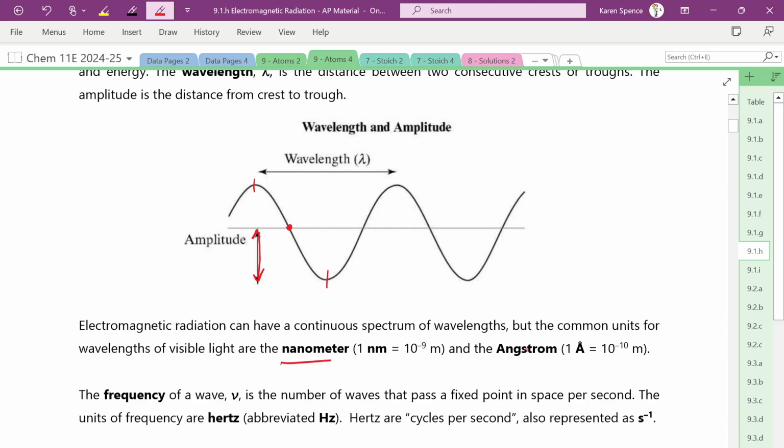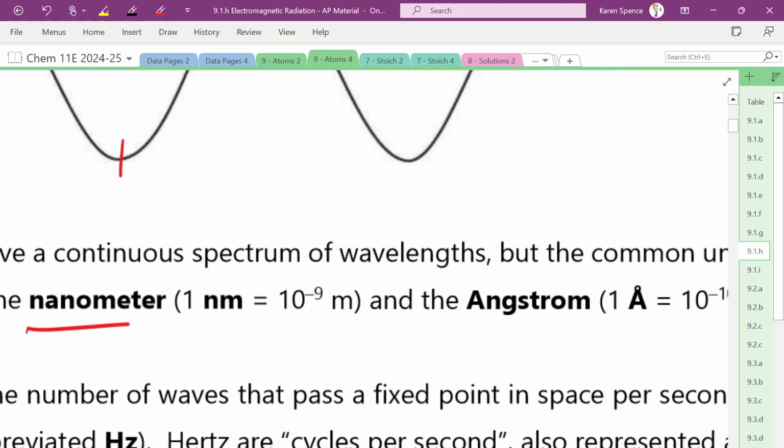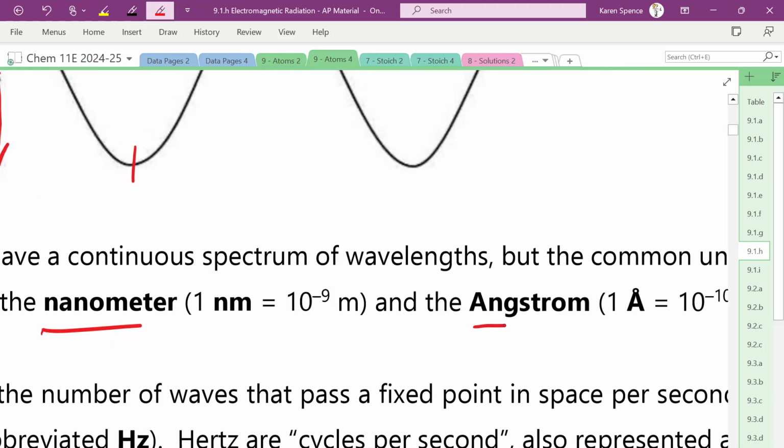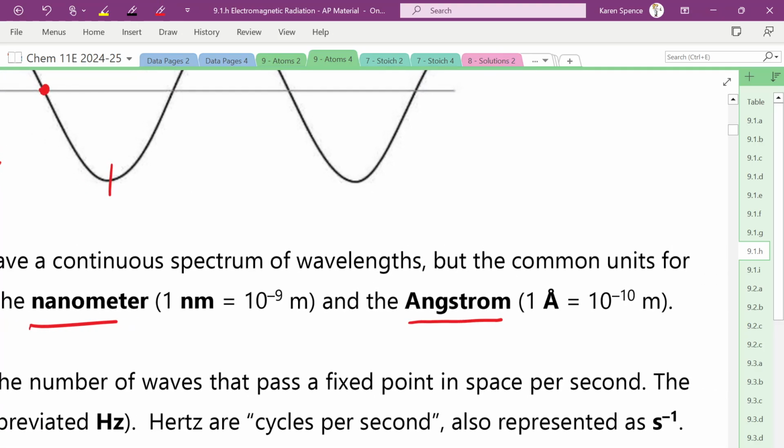Common units: nanometer, 10 to the negative 9 meters, or angstrom, just so you get used to seeing that unit because it will come up from time to time. It's an A with a little 0 over it, and it is 10 to the negative 10. Okay, so we have nano, 10 to the negative 9, angstrom, 10 to the negative 10.